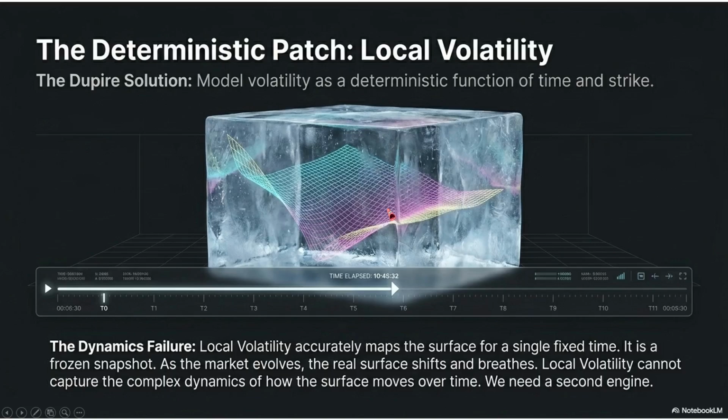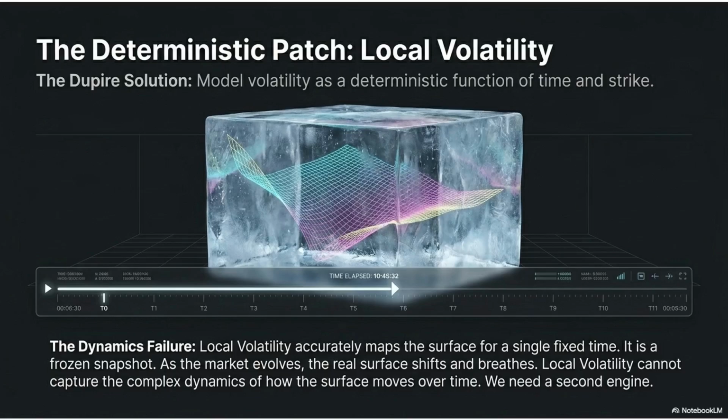Historically, quants attempted to fix this with a deterministic patch known as local volatility, or the Dupire solution. This approach models volatility as a deterministic function of time and strike. However, this leads to a dynamics failure.